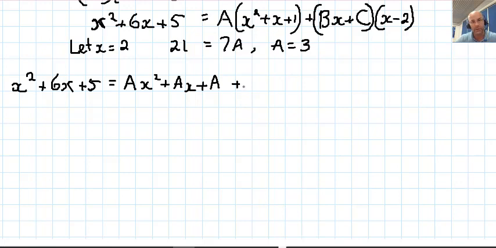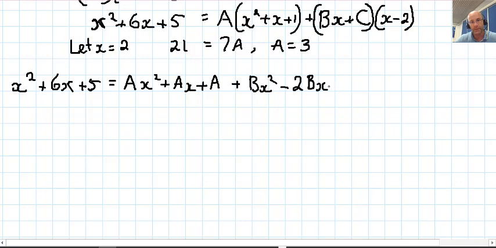This is not the only way to do it, but this is the way we're going to do it. So I've expanded out the first bit, (bx + c)(x − 2), expanding that now. So we have bx² − 2bx + cx − 2c.